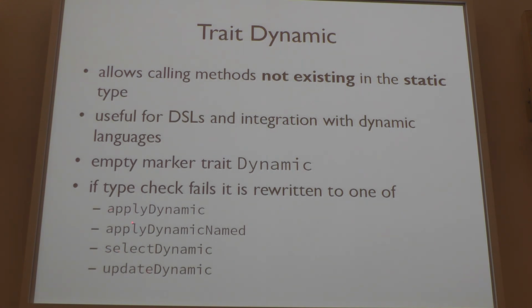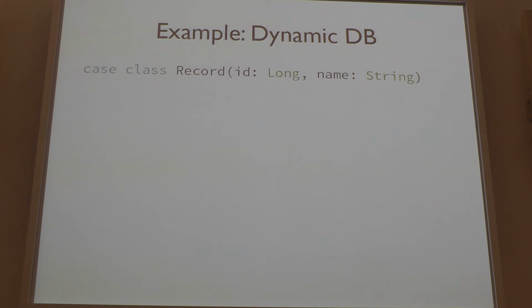And if it finds one of these that will allow it to type check the whole thing, it will use it. Example: imagine you have a case class Record that represents one row in your database, and it consists of ID and name. It's not very important.